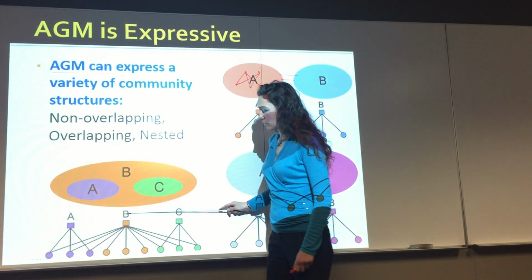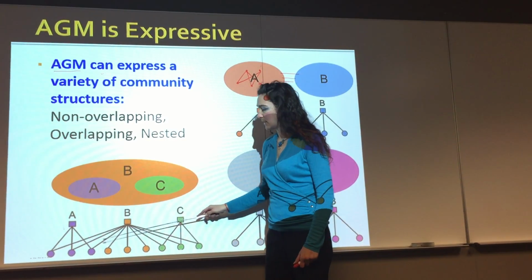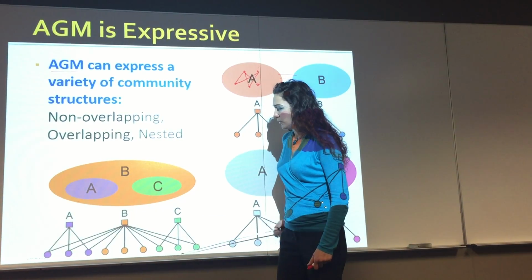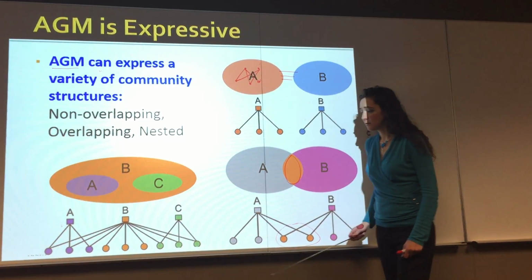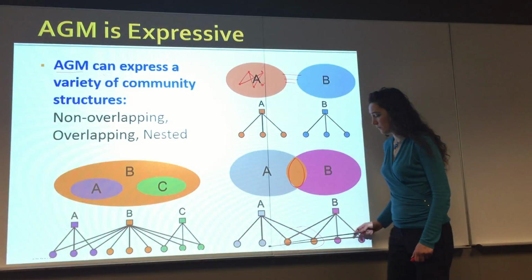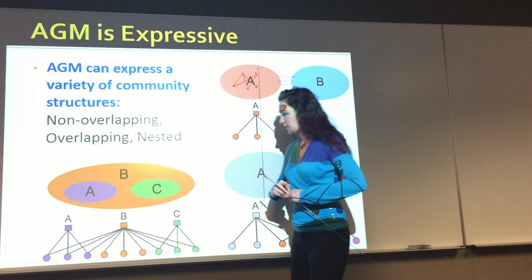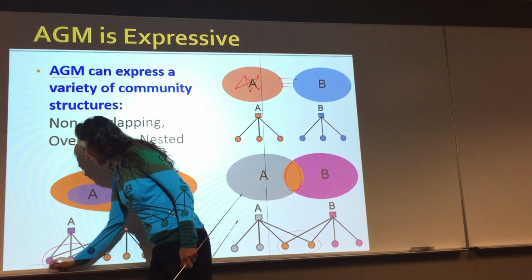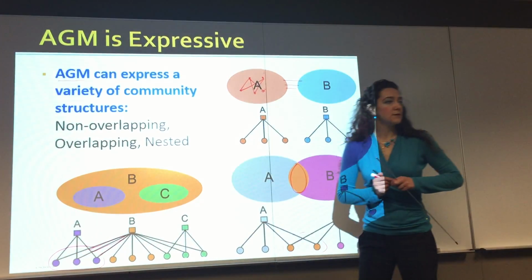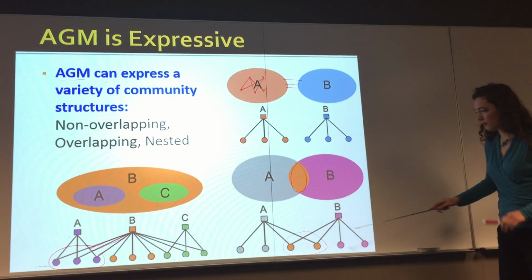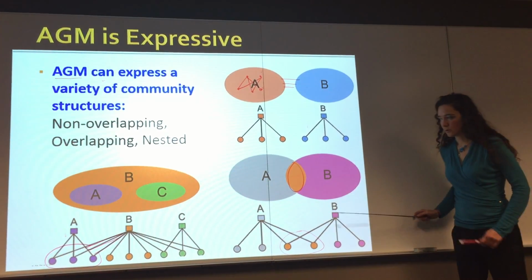So we have a big parent or mother community B, a small community A that has edges to B, and a small community C that has edges to B. The difference from the overlapping case is that all of the nodes of A have edges to the mother community, which means that it is completely inside it. Over here, not all of them, but just some of them have edges to the other community.